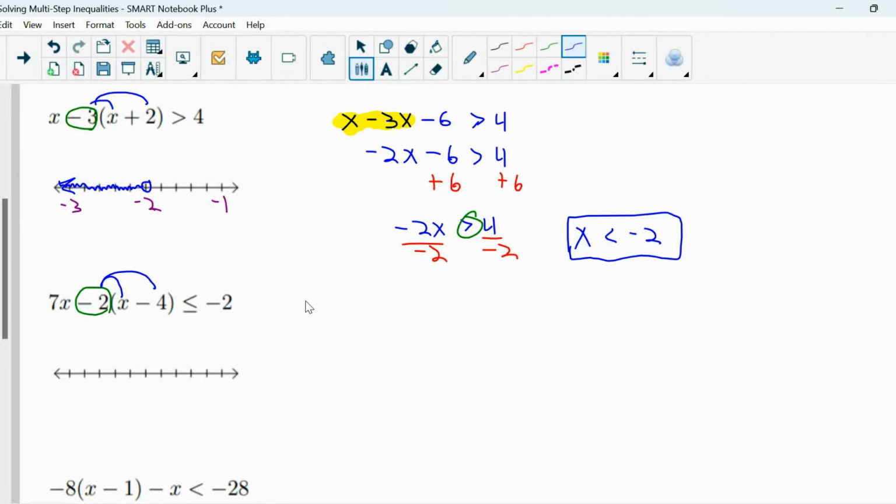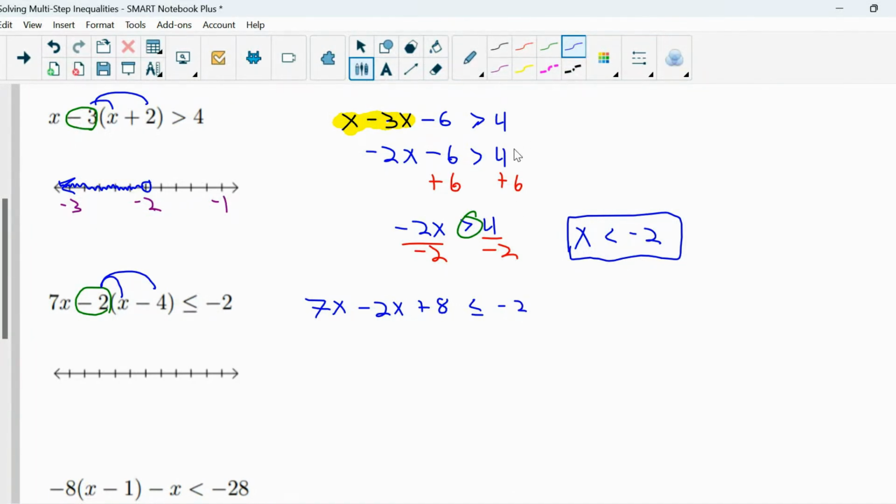This gives us 7x, -2 times x gives us -2x. -2 times -4 gives us +8. It's less than or equal to -2.